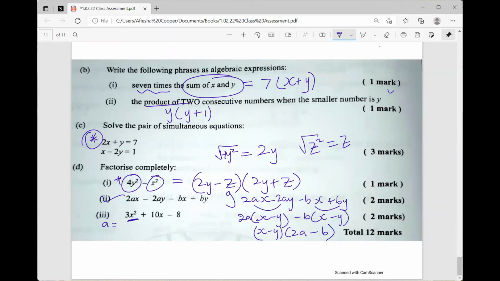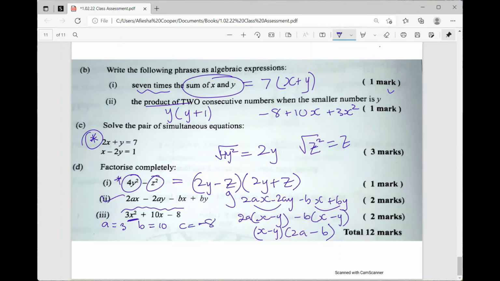Always remember, even if they switch it up, put it in the correct order: x squared, then x, then number, so you'll not mix it up. Because they can give it to you like this, minus 8 plus 10x plus 3x squared, but you still have to put it back in this format. So A is 3, B is 10, C is negative 8.